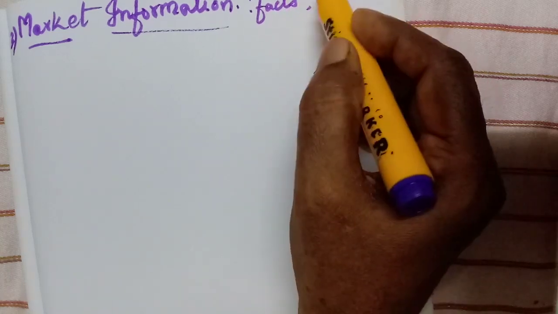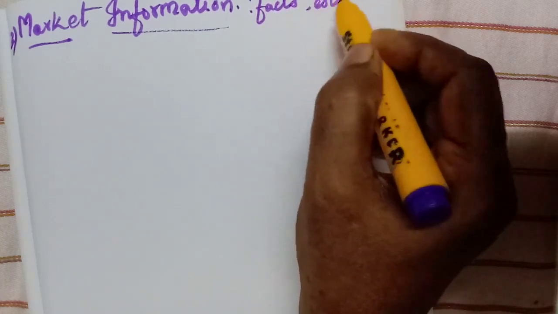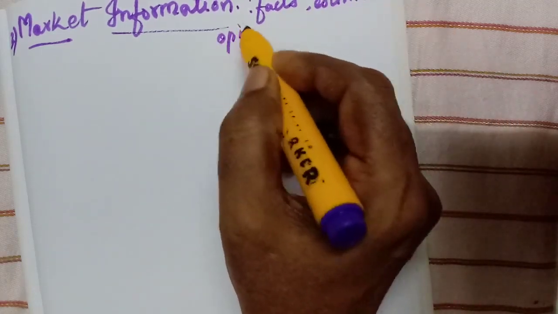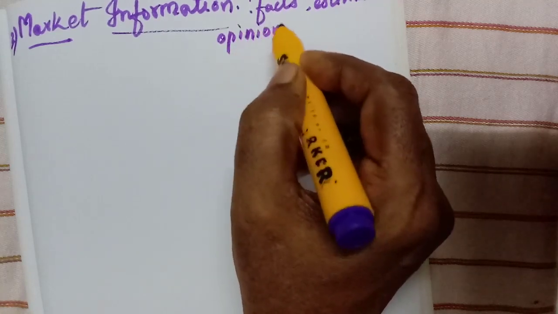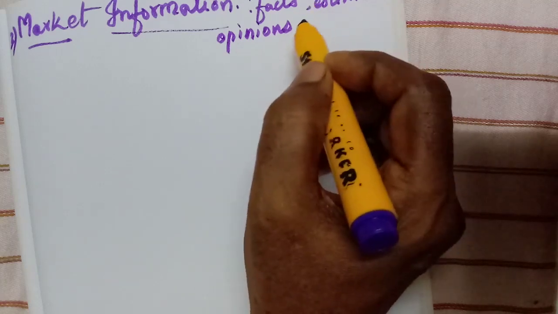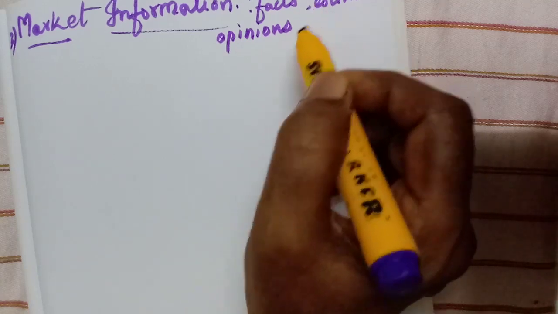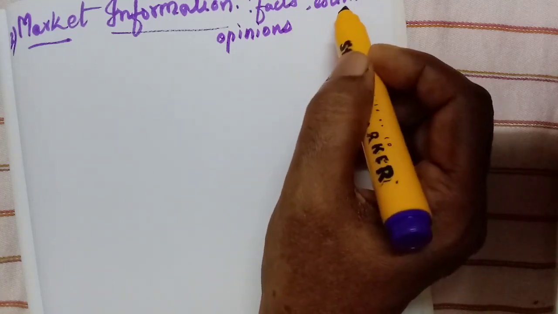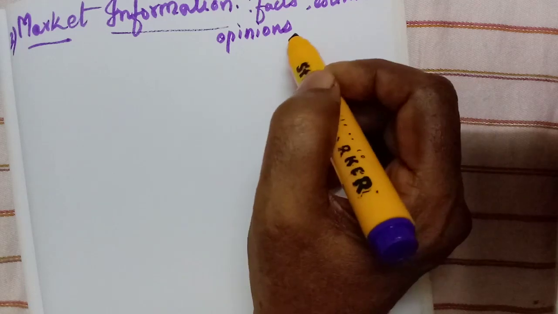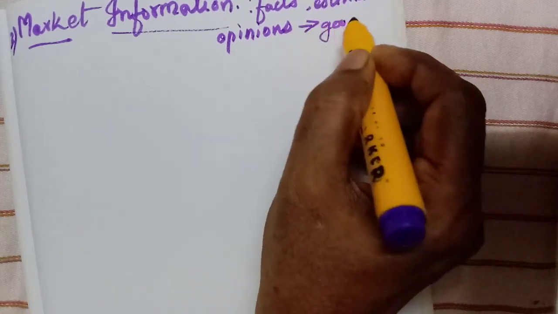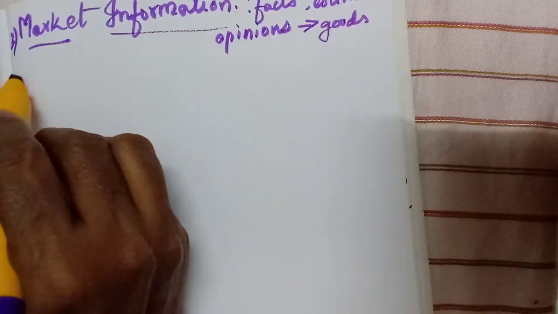Then he must have an estimate of how much he can sell in the market. Then the opinions of the people, all these must be gathered by the marketer. What type of goods he is going to sell, all the facts related to the market, the estimated quantity that can be sold, then the opinions of the consumers regarding that goods must be collected. That is called market information.